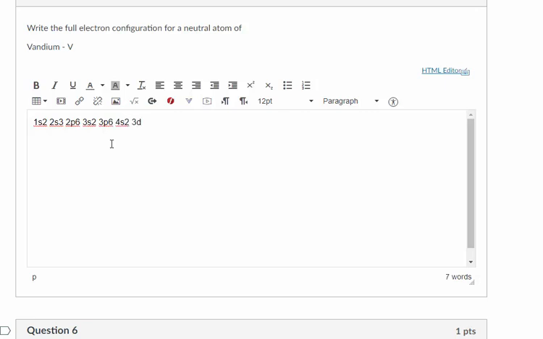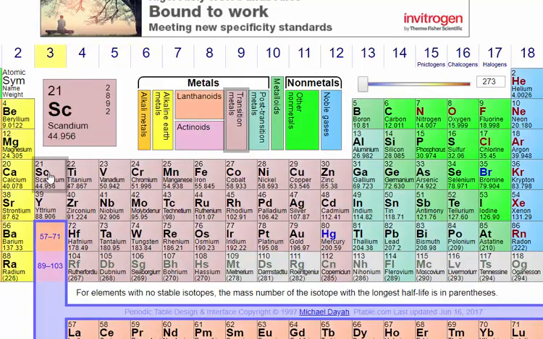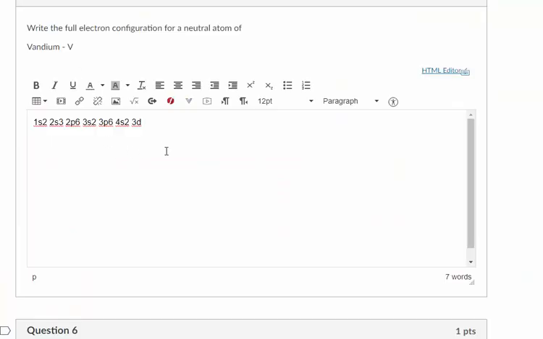Now I'll format that in a second. And now I'm going to count over, because since the transition metals start the d shell, we have 1, 2, 3. So it should end 3d3. Now I'm going to quickly format this with the appropriate superscripts. You have the opportunity to show this correctly, so do so.